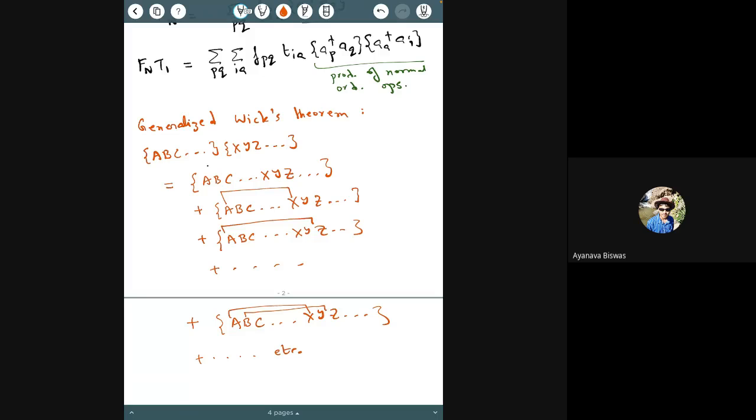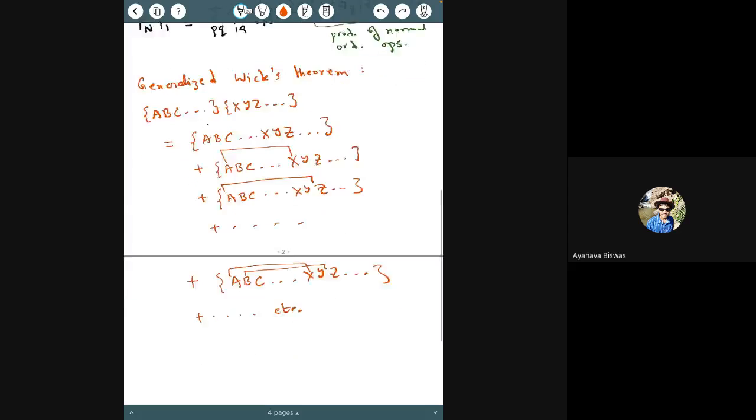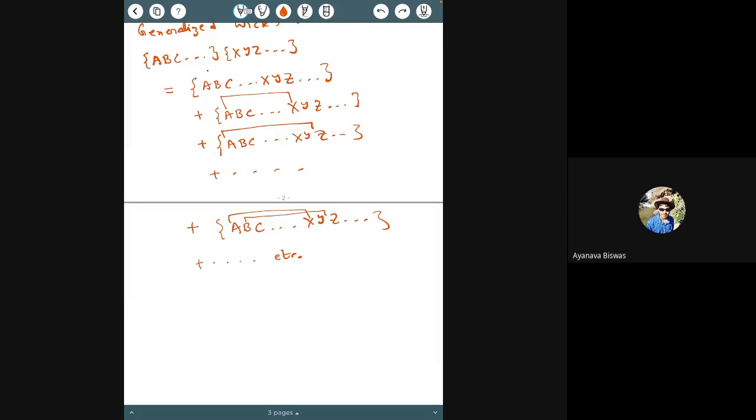So when you multiply two such strings, then the only other contractions that you now need to take out are the ones where one operator is from the first string and the other one is from the second string. So it is kind of intuitive. Of course, you can prove it in a general way from the original Wick's theorem. So this is a derived theorem in a way. But I don't need to do that in this class, but we will make good use of this.